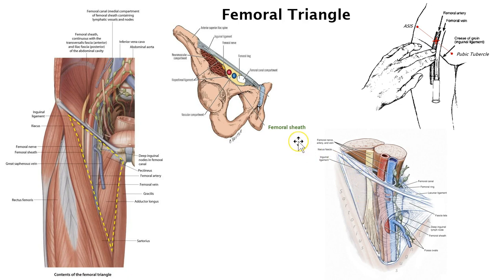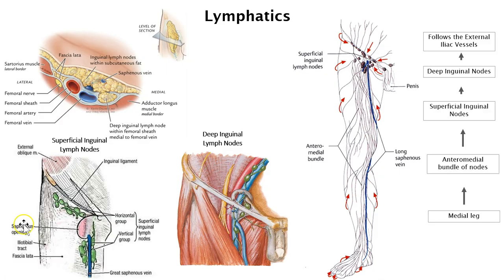And so what's in this sheath? Let's take a look at this picture, and we can see that the artery, femoral vein, and the lymphatics are all contained within the femoral sheath. However, the femoral nerve seen here is not within the femoral sheath.